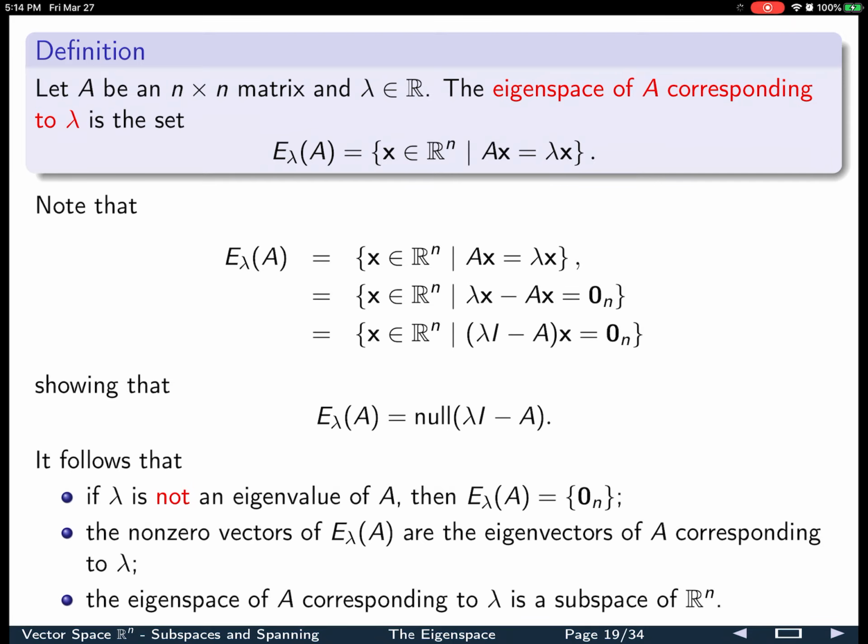For instance, if you were thinking about the identity matrix, well, the identity matrix has eigenvectors that are just the standard basis vectors. So like i hat, j hat, and k hat would be the eigenvectors of your identity matrix. And there would only be one eigenvalue, and the eigenvalue would be 1.